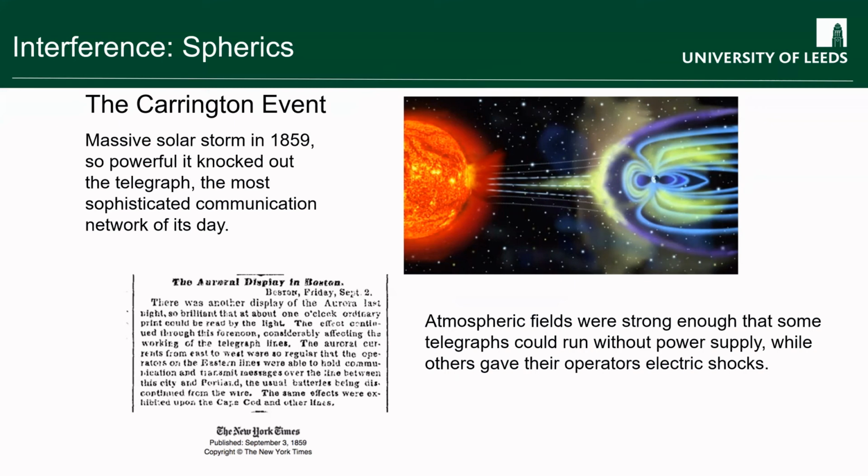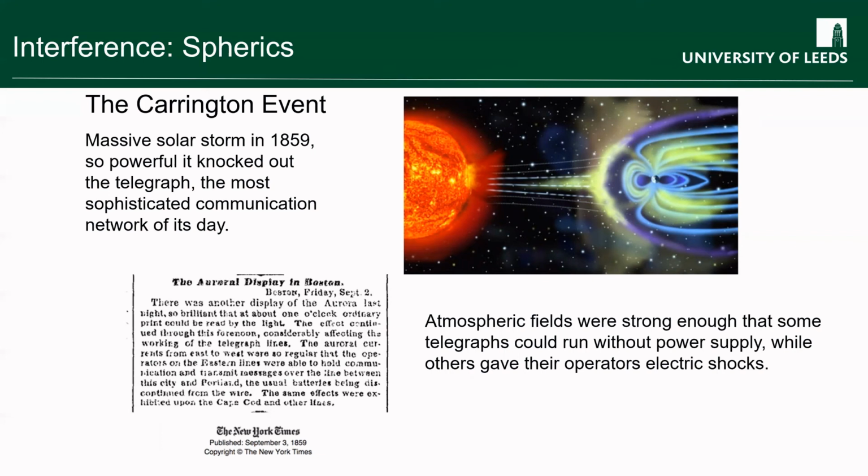Basically it was generating such large electric fields that not only was it rendering some of the telecommunications unworkable because you simply had too much interference, it could even induce sufficient electric fields in the pickup apparatus that it would give the operators electric shocks. And these days, if we had an event of that sort of magnitude, the amount of disruption it would cause to modern telecommunications would be massive.